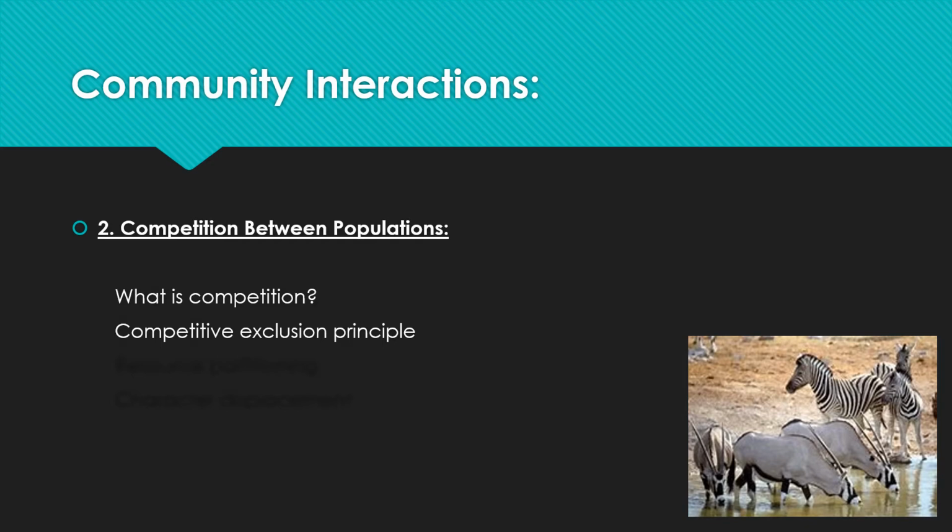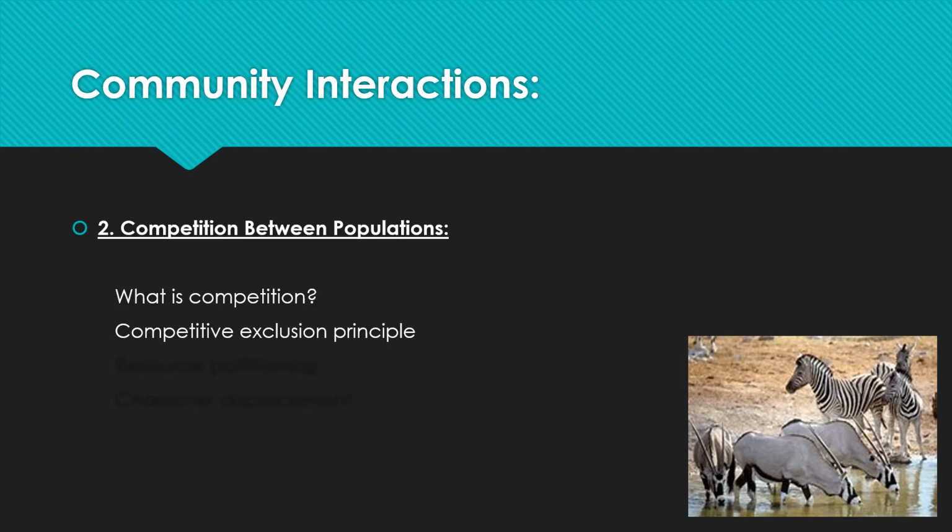And whichever species is the most dominant or has the greatest advantage is going to get that resource and get rid of the other species. So basically, two species competing for the same limiting resource can't coexist without the population sizes changing.